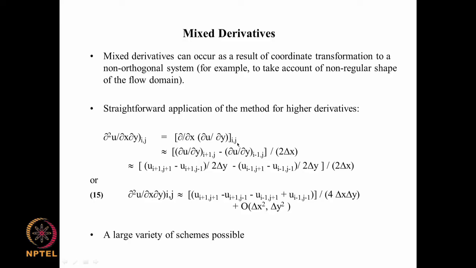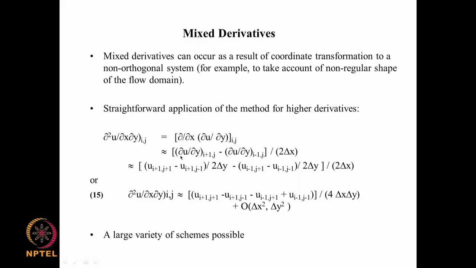In all the cases j does not change, because we are evaluating the x derivative. So, this is a central difference approximation of dou by dou x of this function at point ij, and because I minus 1 and I plus 1 are separated by 2 delta x, you have divided by 2 delta x here. Now, we can write this dou u by dou y at I plus 1, j. We can again evaluate this using central differences, and this time it is the variation with respect to y that is being evaluated.